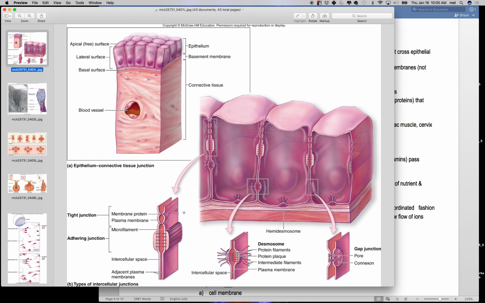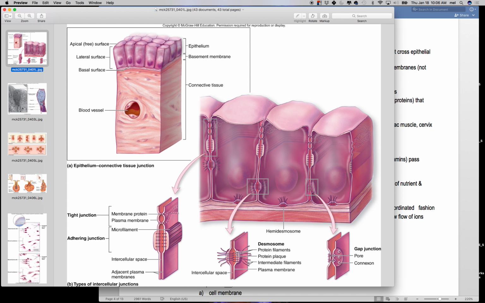And then the last one is gap junctions. And gap junctions are these guys over here. Gap junctions aren't about strength and aren't about impermeability. What they are about is communication. So what will happen with gap junctions is she has a channel on her cell membrane and she has a channel on her cell membrane, and they stick them together so that whatever message she gets, she'll get it right after, right?